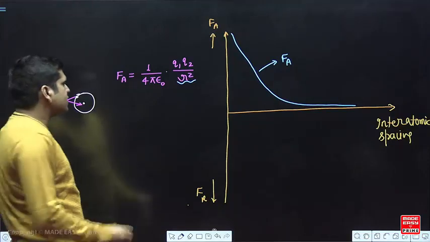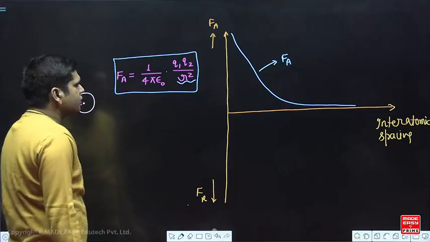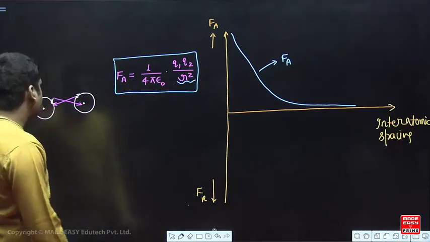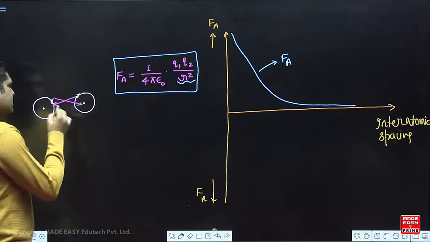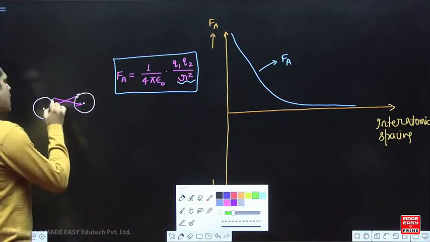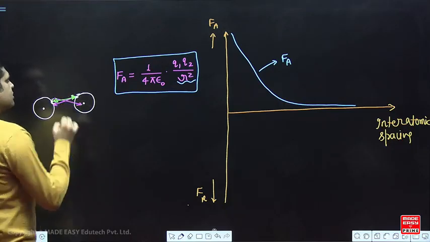Now, suppose I talk about repulsive force. Why am I talking about repulsive force? When these atoms will come closer to each other, the outer orbit electrons will start overlapping each other.